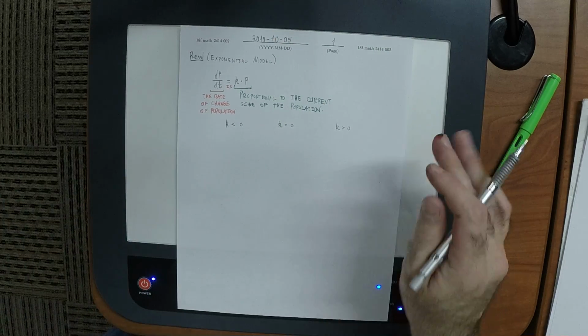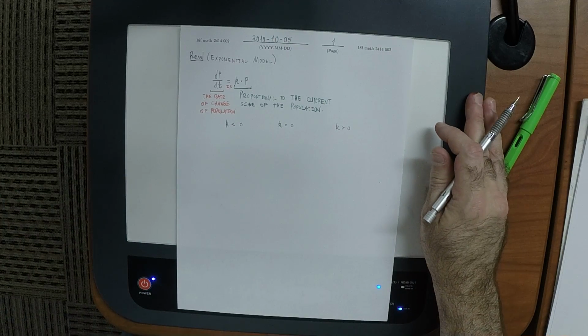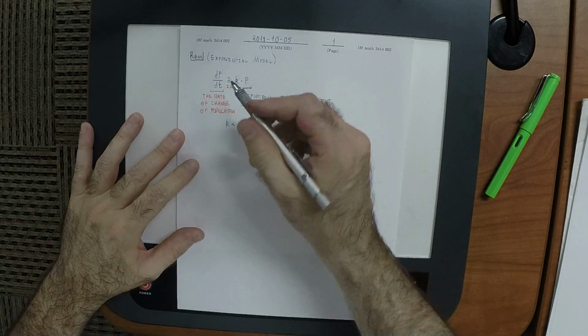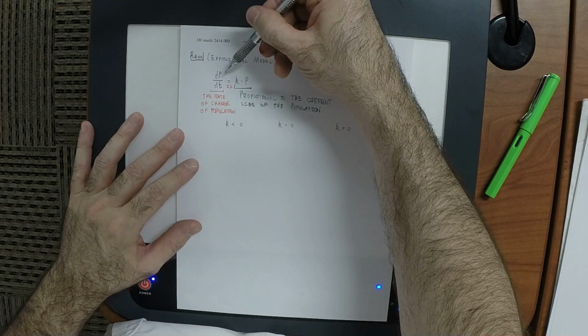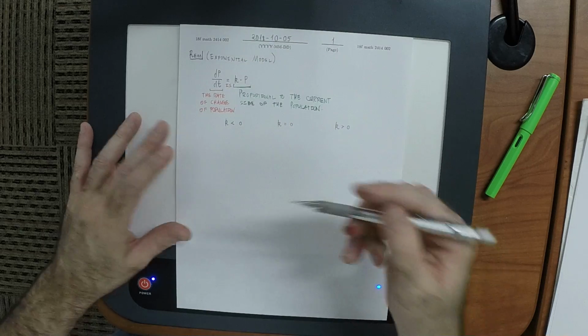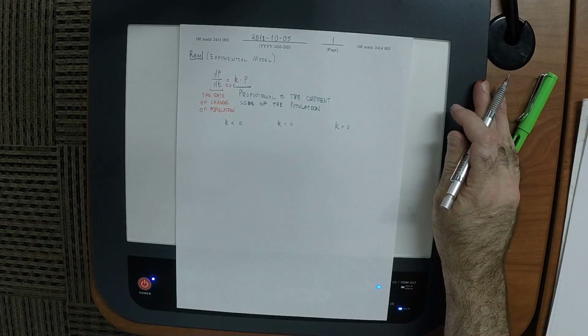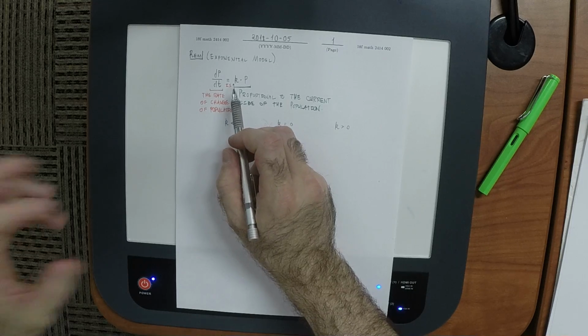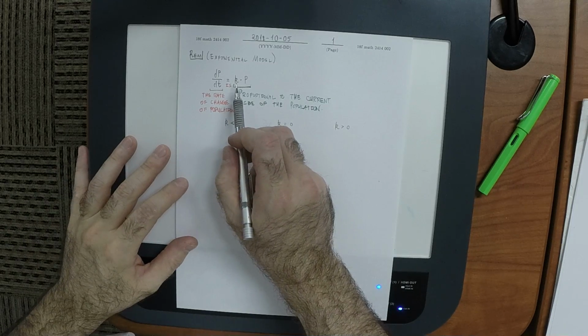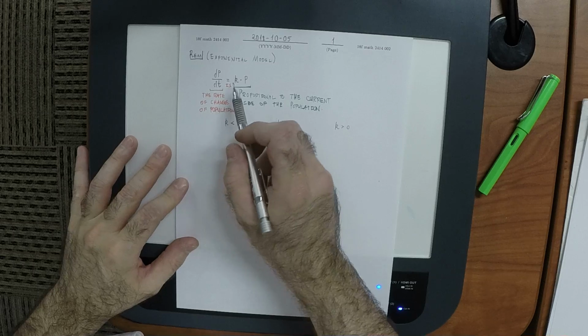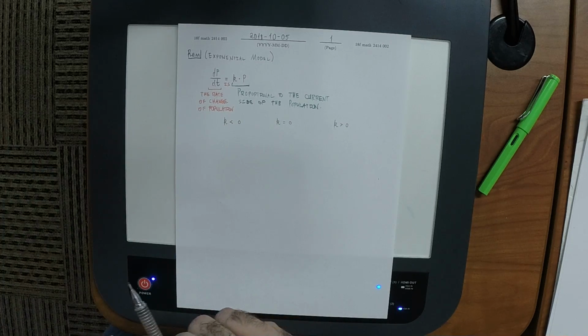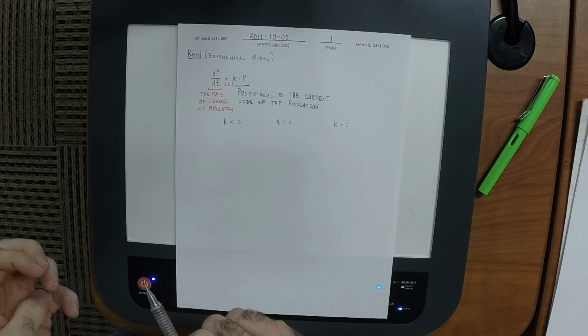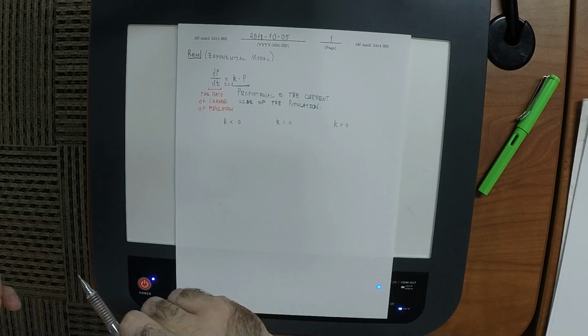So what does that mean about the population? It's decreasing. Another way to think about it is that P, the population, could be a population of uranium atoms. Of course you can't have negative uranium atoms. So in that case, k is negative, and that represents the decay of uranium atoms.